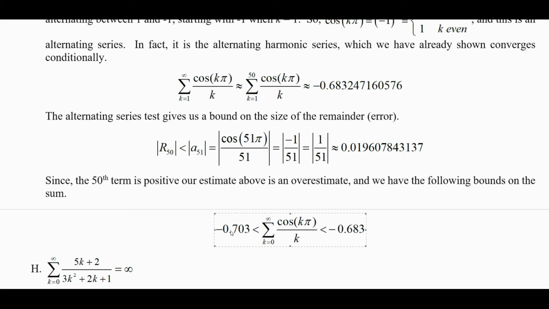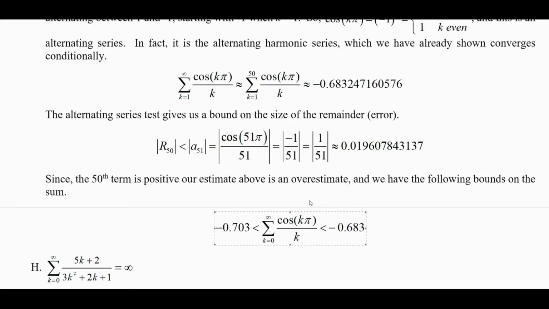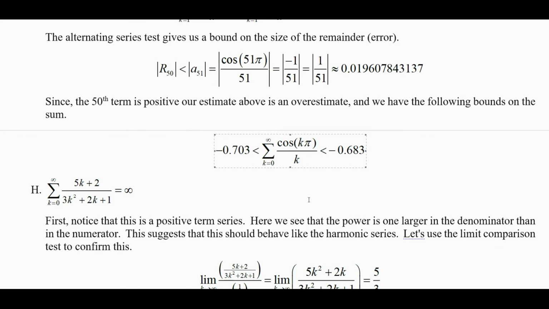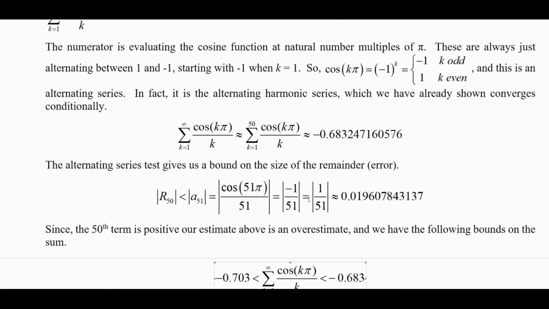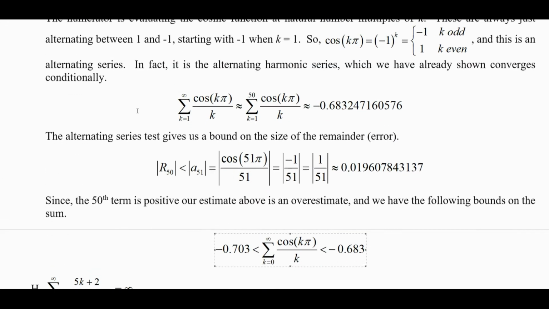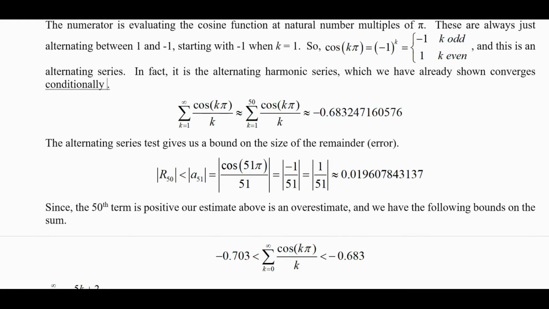Subtracting 0.020 from that will give you negative 0.703. So the true sum is something between those two. So that one converged conditionally by the alternating series test.